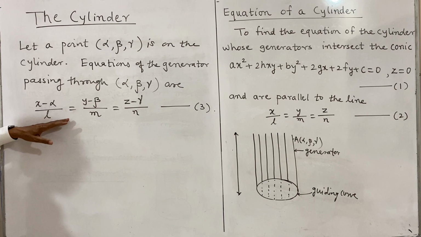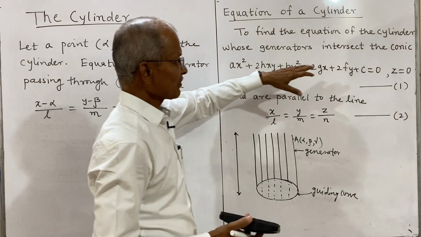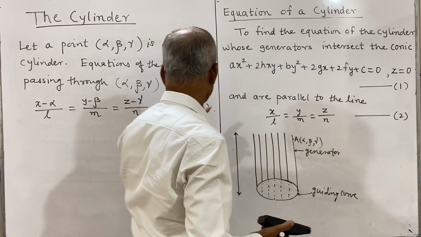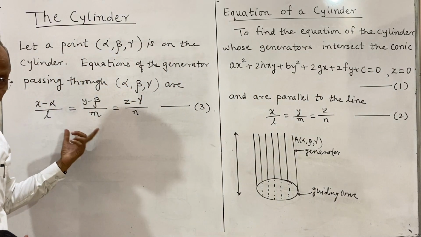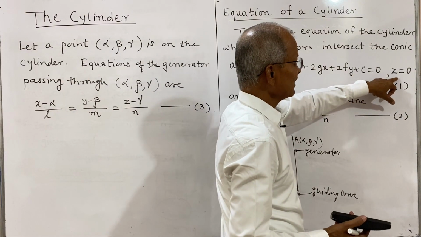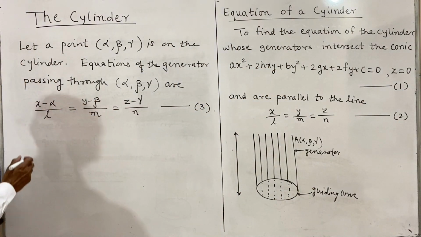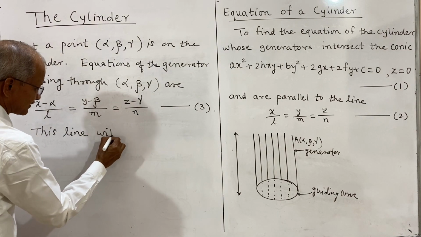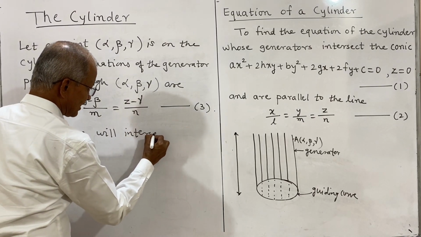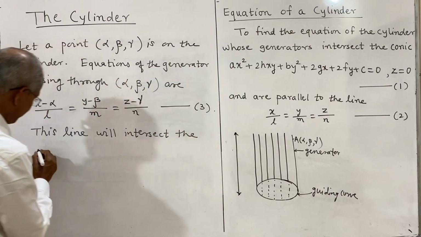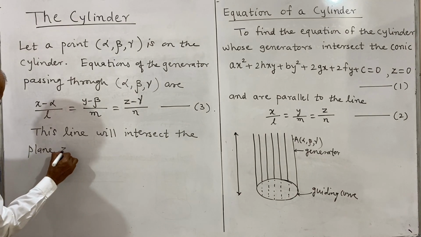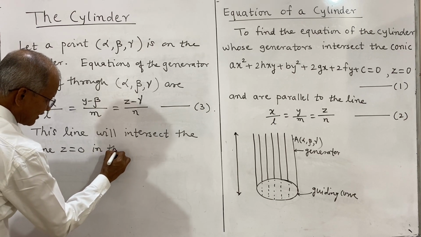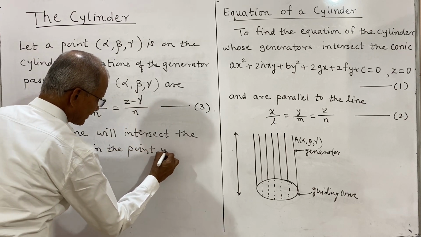So this line will intersect the conic. This conic is the base, and therefore this line will intersect it. First we shall obtain the coordinates where this line intersects the plane z = 0.